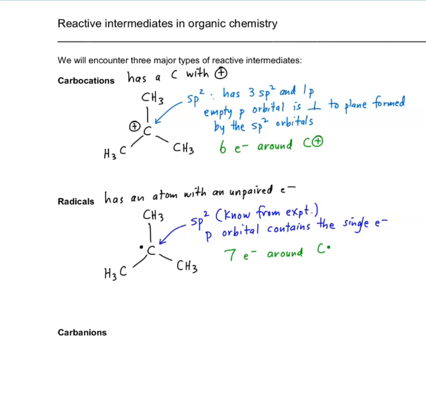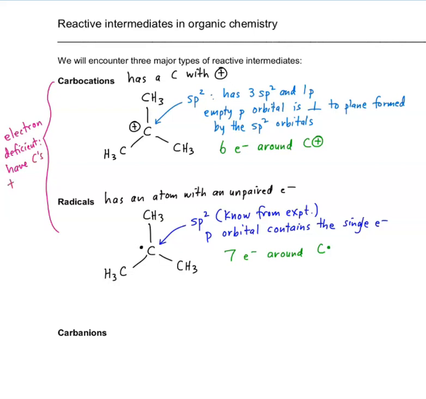So both carbocations and radicals have carbon atoms that are short an octet of electrons. And so for that reason, we can call these reactive intermediates electron deficient, because they have carbons that lack full octets.